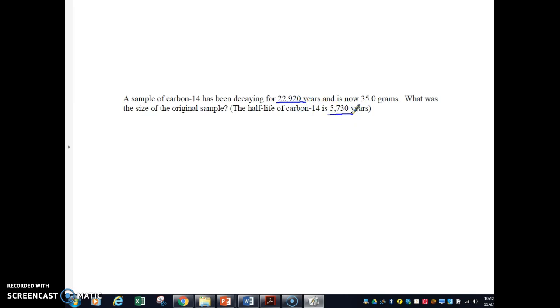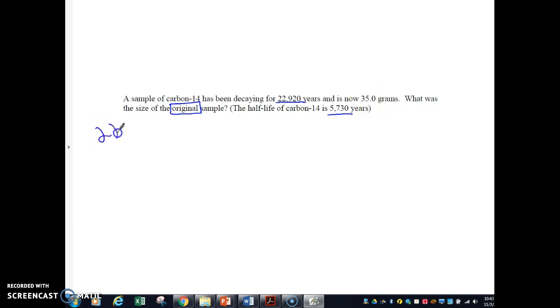But a key phrase in this problem is, what was the size of the original sample? That is telling you that you have to work backwards. Because when they checked it after almost 23,000 years, it only had 35.0 grams left. So the original sample had to be more than 35.0 grams, because that's what it is after it went through a certain number of half-lives.